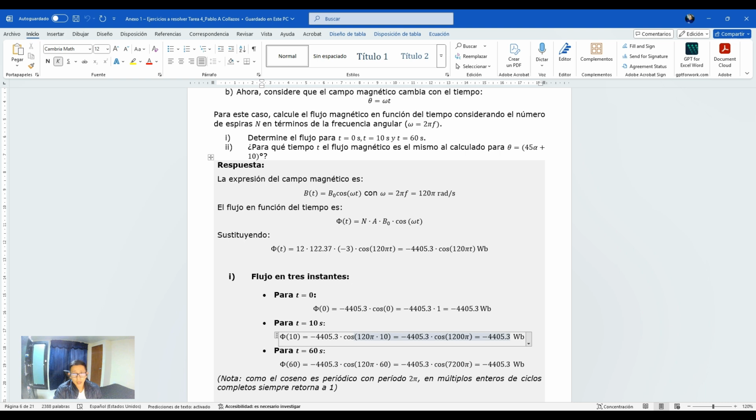At t equals 60 seconds, the cosine of 7,200 pi is also 1, and the flux remains the same, negative 4,405.3 Webers.